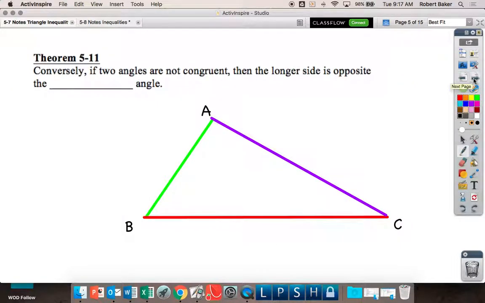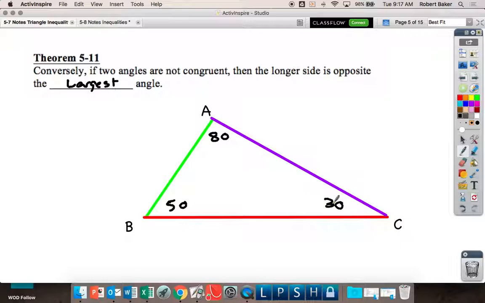The next version of that says, if two angles are not congruent, the larger side is opposite the larger angle. The largest side is opposite the largest angle. So let's say I did 80, 50, and 30.